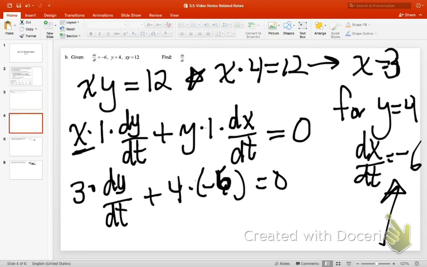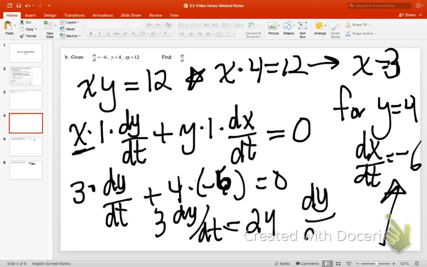So I have 3 dy/dt equals 24. Divide by 3, and we get 8. Now, we weren't really given any units, so we can't label this right now, but usually at the end it's really important to label what you found.